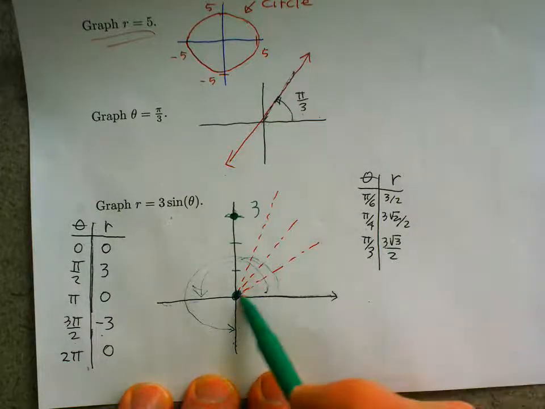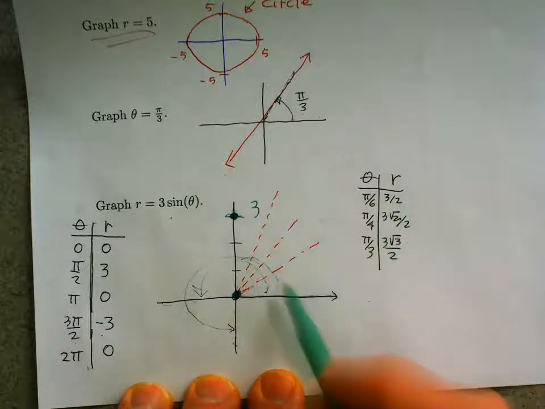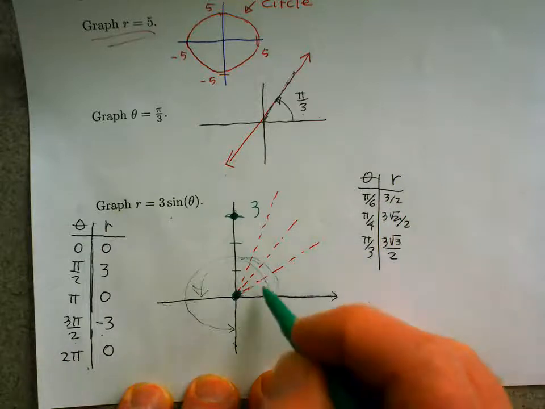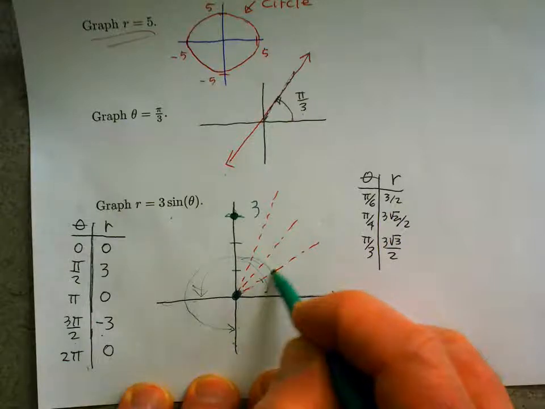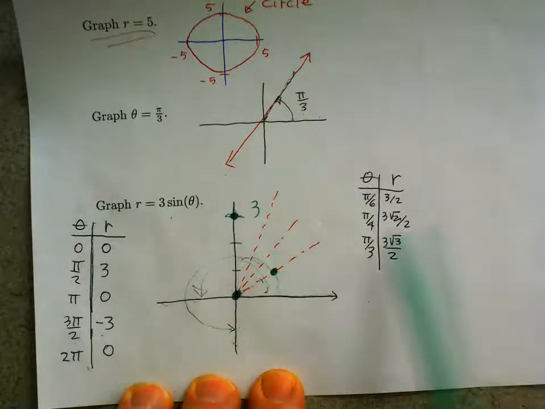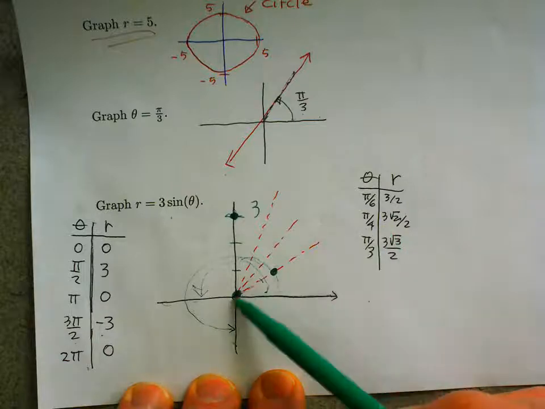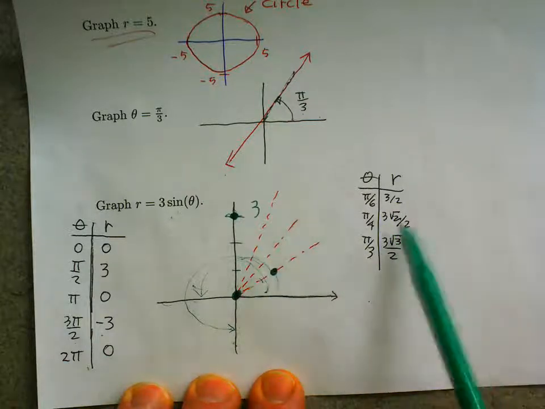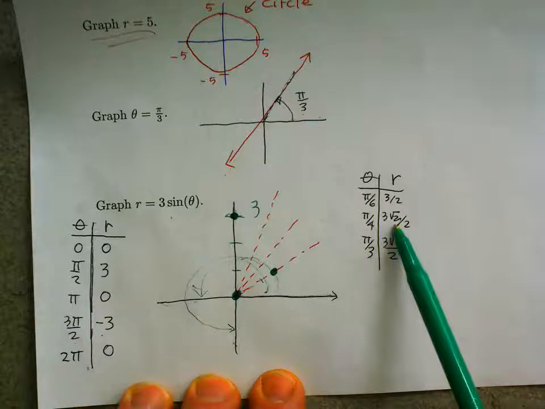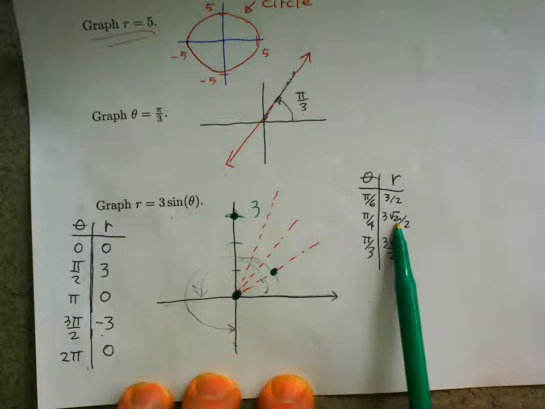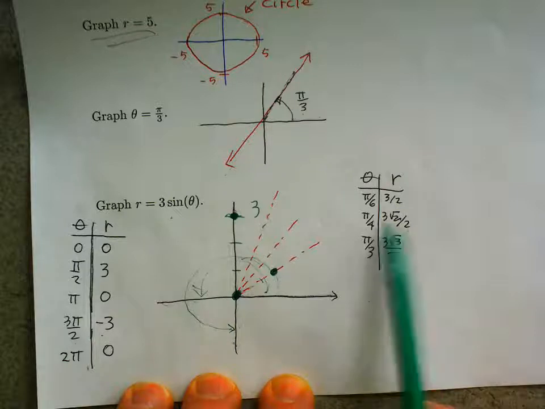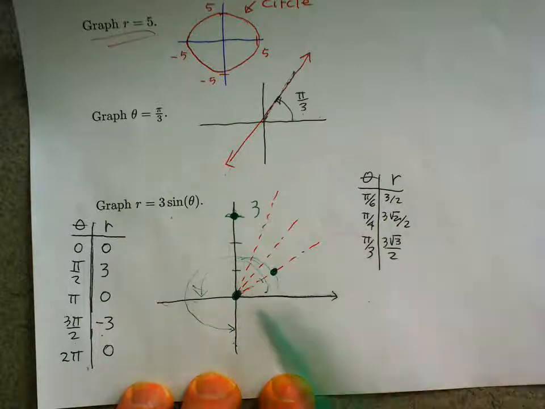Along the ray corresponding to theta equals pi over 6, the r value is 1.5. So it's about there. Corresponding to theta equals pi over 4, the r value is 3 times the square root of 2 over 2. The square root of 2 is about 1.41. So 1.41 divided by 2 is 0.7, and 3 times that is 2.1.